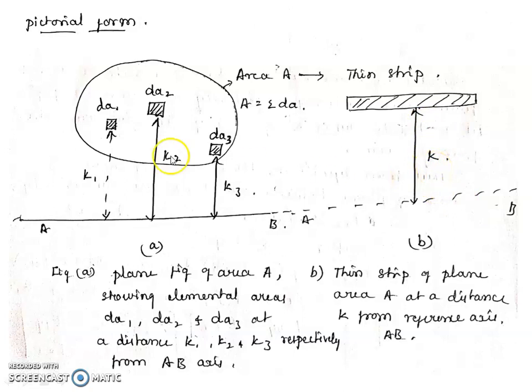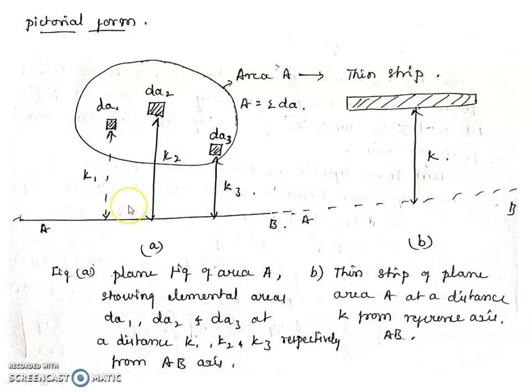When it holds good, if I sum up the moments of inertia of the elemental areas dA1, dA2, dA3, that will be equal to the moment of inertia of this thin strip over the reference axis AB. In such a condition, this distance k is called radius of gyration.